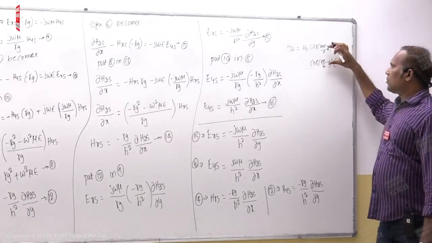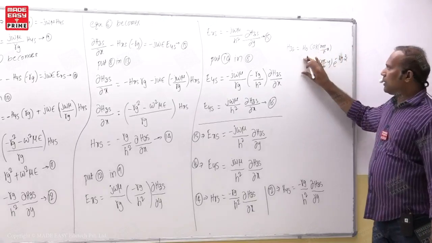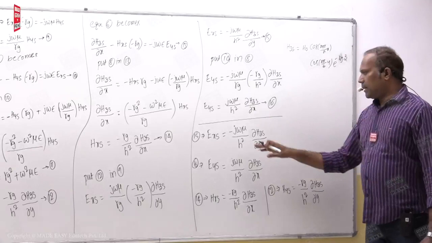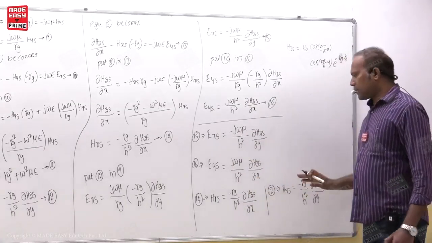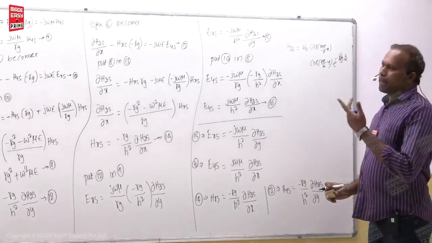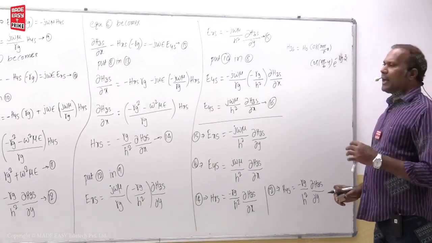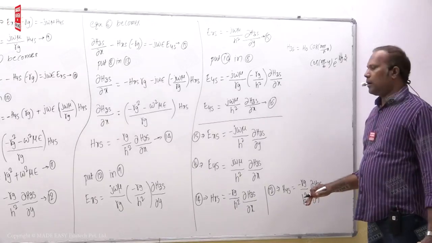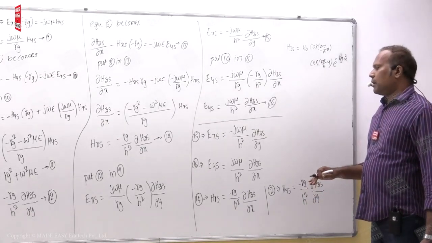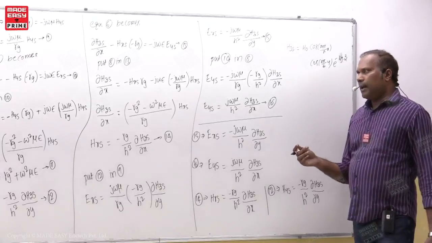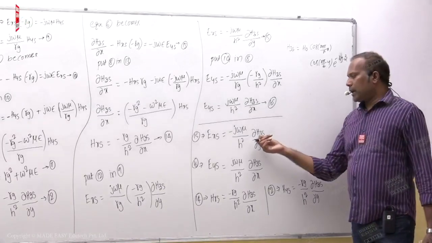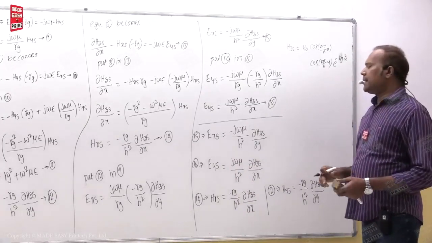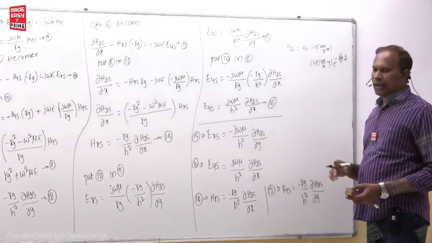If you substitute this one here, then we get Exs, Eys, Hxs, Hys equations for TE mode. Similarly, for TM mode the same kind of equations come, but there you will be representing all quantities in terms of EZS. EZS is the main component there.